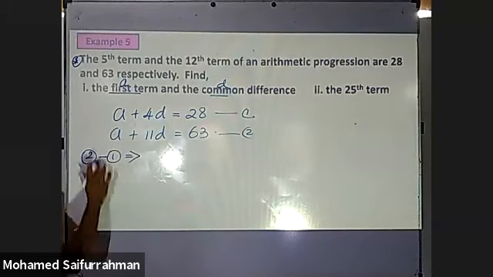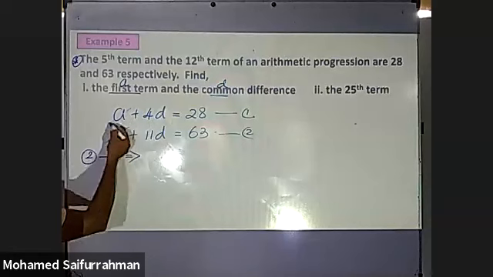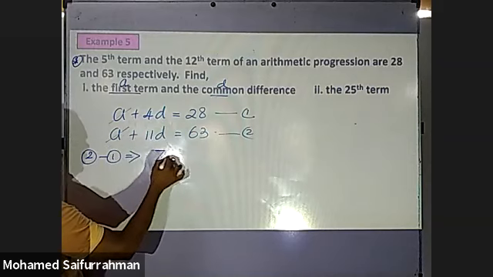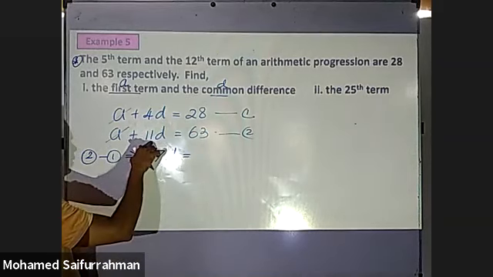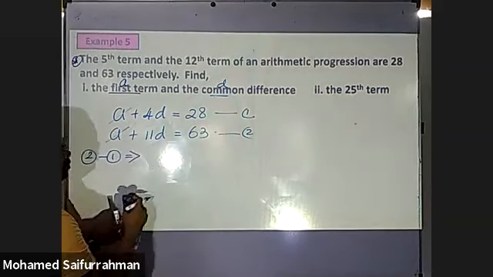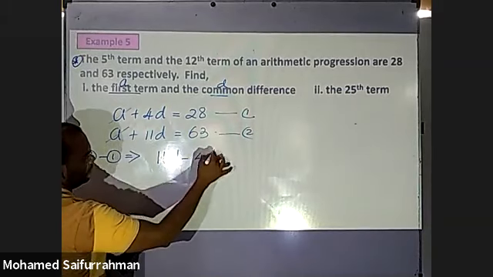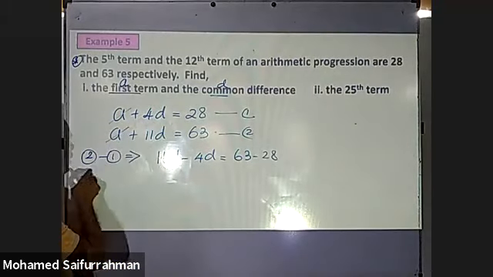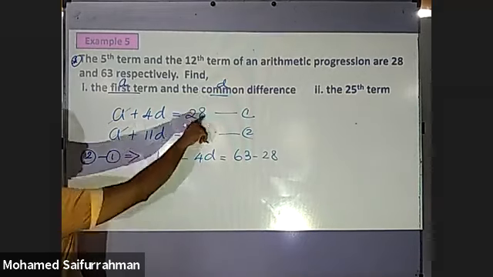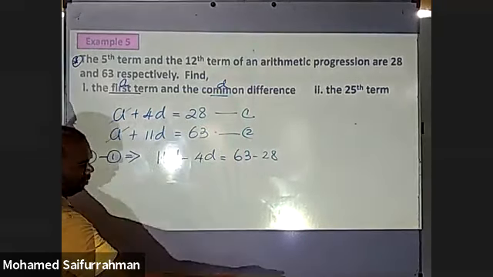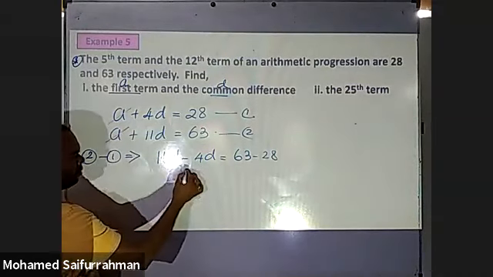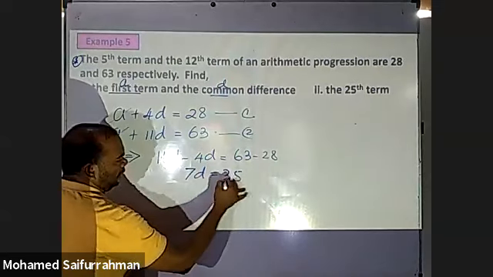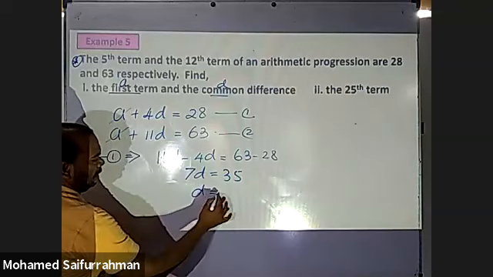Second equation minus first equation. a is removed. When we subtract, 11d minus 4d is 7d. 63 minus 28 is 35. Anyhow, 7d = 35. Divide by 7, d = 5.